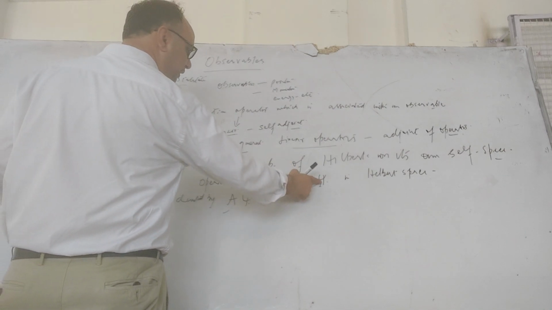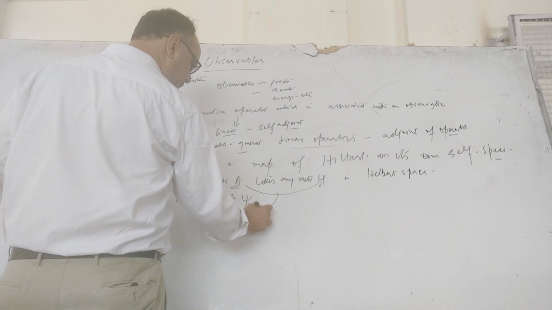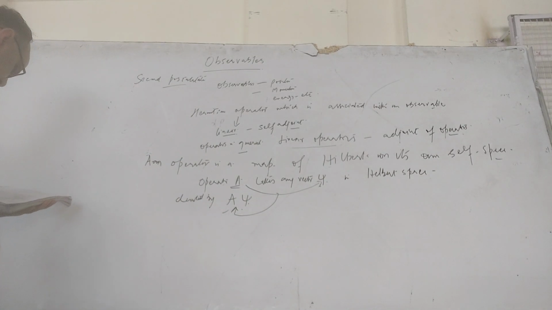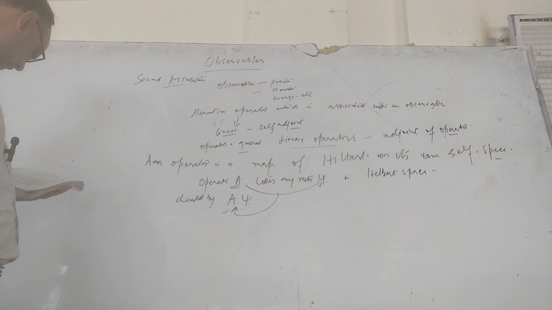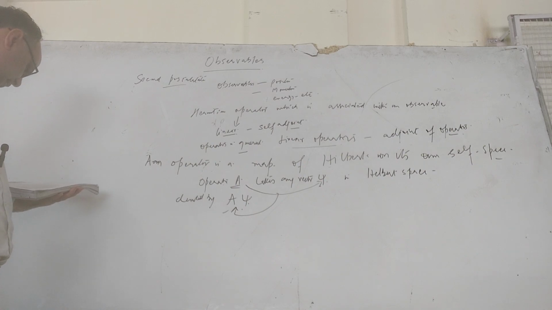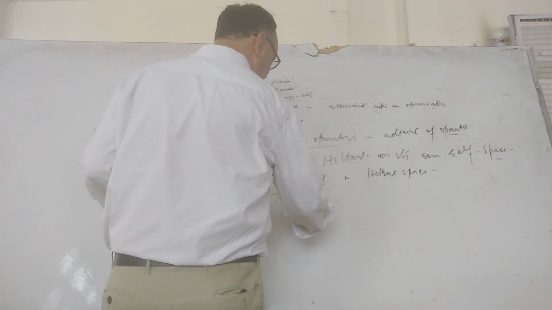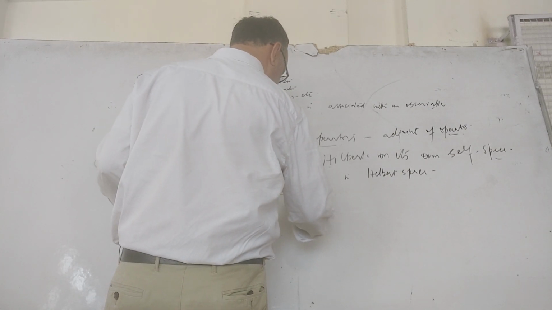A acts on psi and takes it to A psi. And the product of two operators is defined, so we can say the product of two operators acting on psi is AB psi.